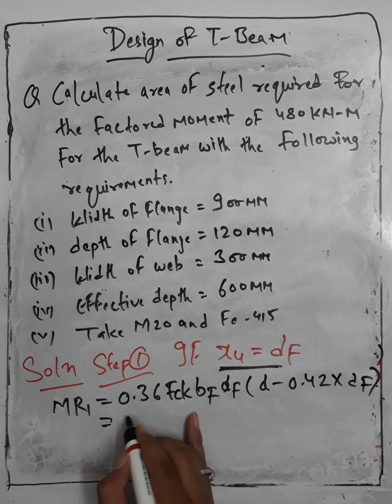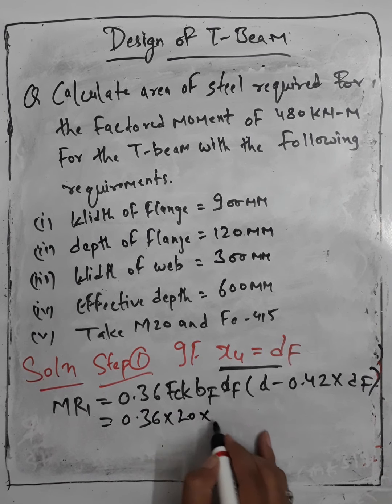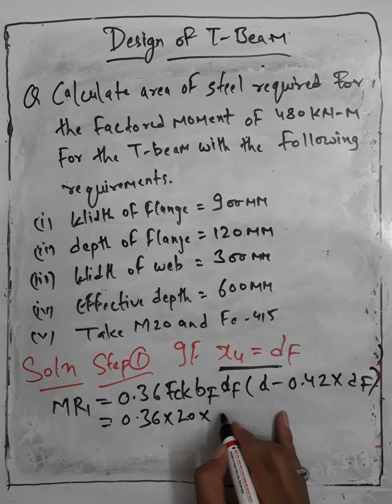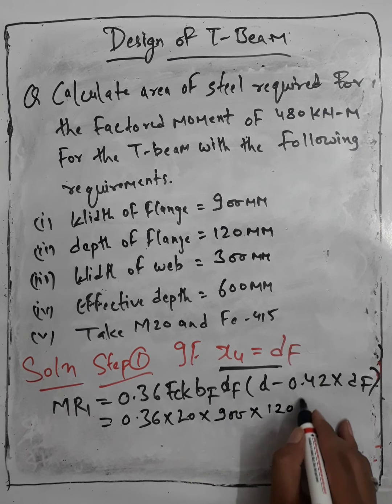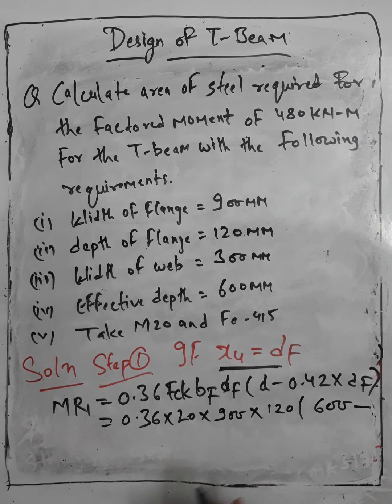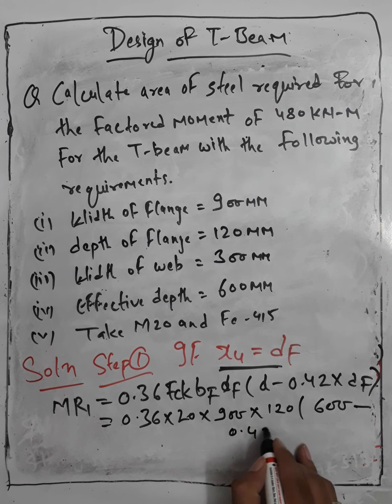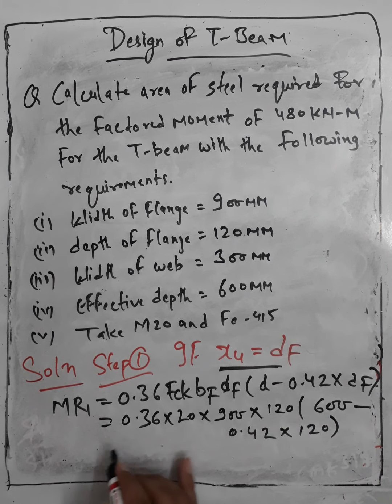Now put values in this equation: 20, width of flange 900, depth 120, effective depth 600 minus 0.42 into 120.